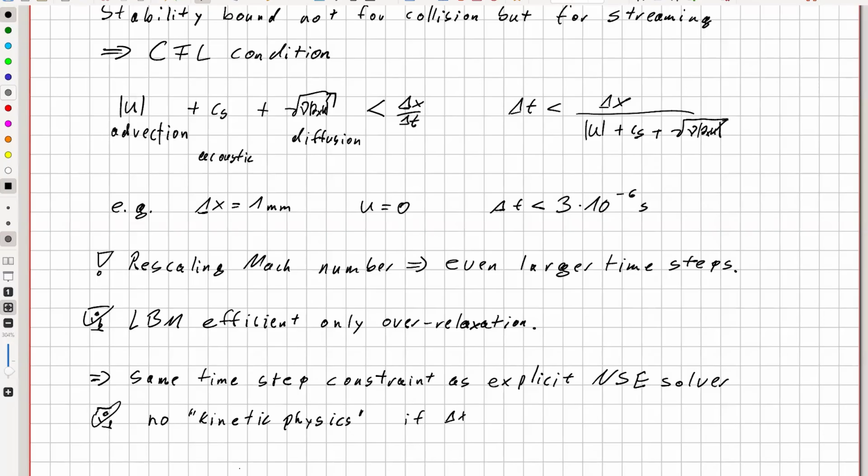And in particular, if we have this delta t much larger than tau, also the Knudsen number squared is going to 0. Yeah. So with this, we have eliminated the kinetics in our kinetic solver. Yeah. We are now solving only the Navier-Stokes equation, but we solved the Navier-Stokes equation with roughly the same efficiency as a Navier-Stokes solver would solve.